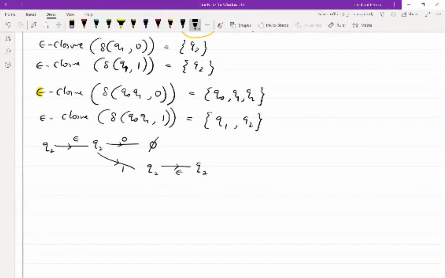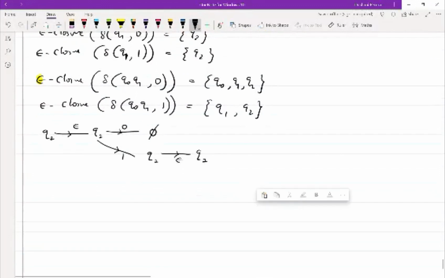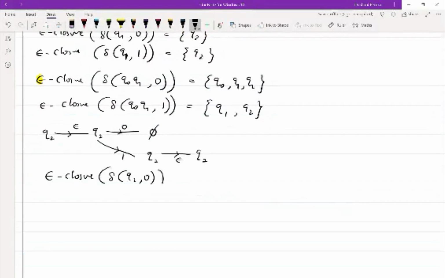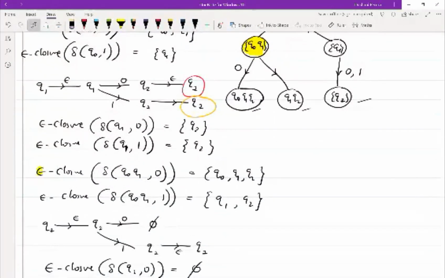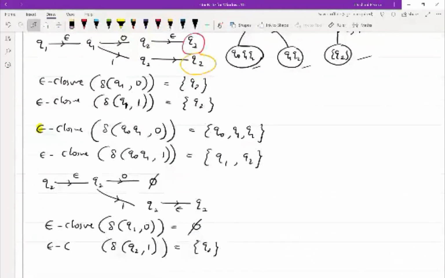Q2 itself. Now I know that the epsilon closure of delta Q2, 0 is not defined, and the epsilon closure of delta Q2, 1 is Q2 itself. By looking at these two answers, I can extend my diagram.